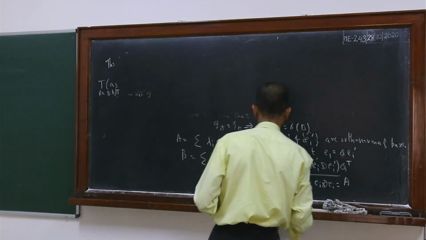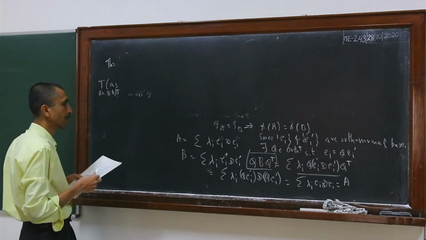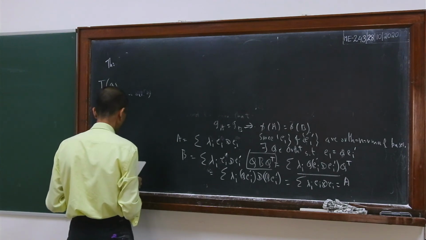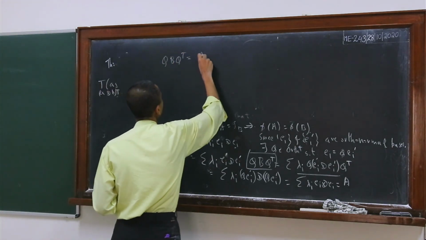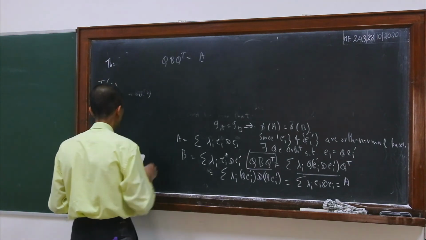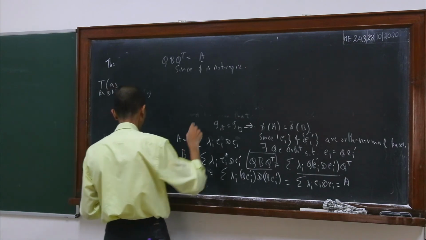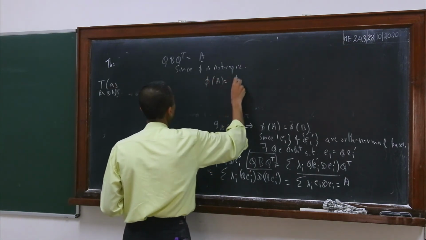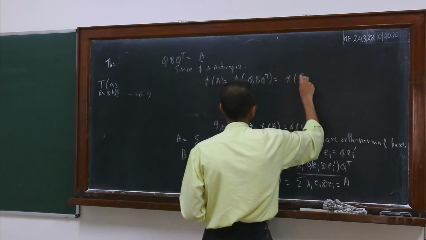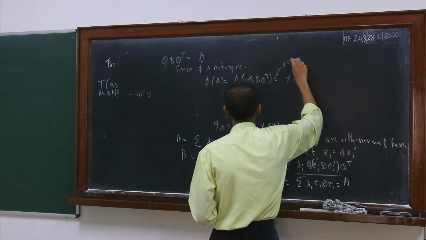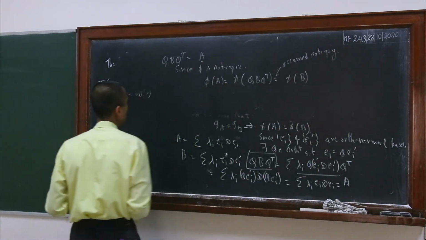What we have shown is that Q times B times Q transpose is equal to A. Since phi is isotropic, we will get that phi of A is equal to phi of Q B Q transpose, and because it is isotropic, this is equal to phi of B. So from this step to that step, we can go because of the assumed isotropy of phi.